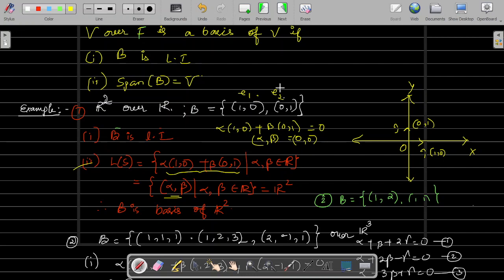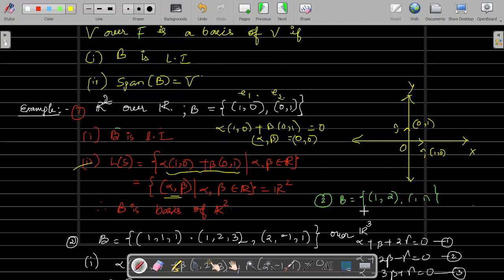You can have a number of bases for the given vector space. Now, see here. If I give you a set with two vectors (1, 2), (1, 1), this also forms a basis, because this set is linearly independent, as none of the vectors is a multiple of the other. The second condition is that clearly the linear span of these two vectors is nothing but the entire plane R square.